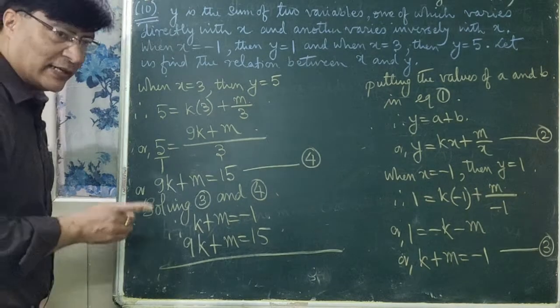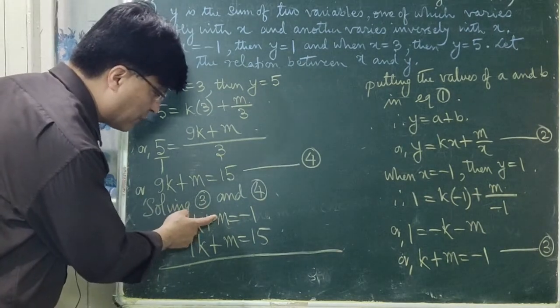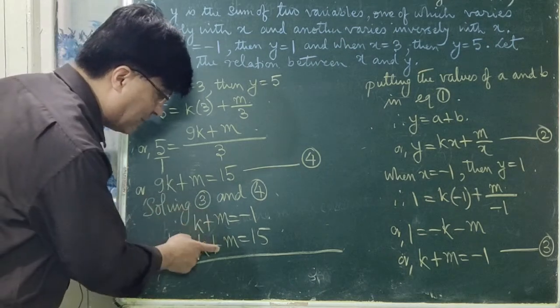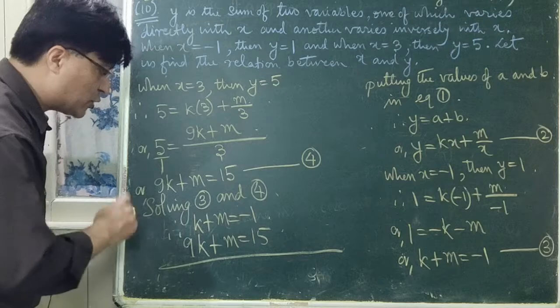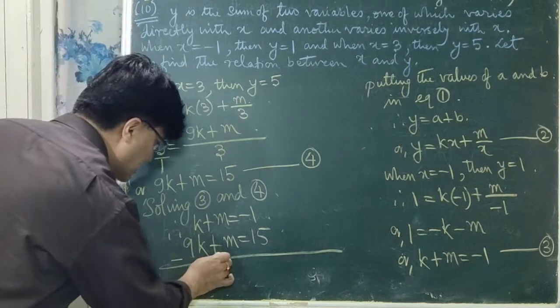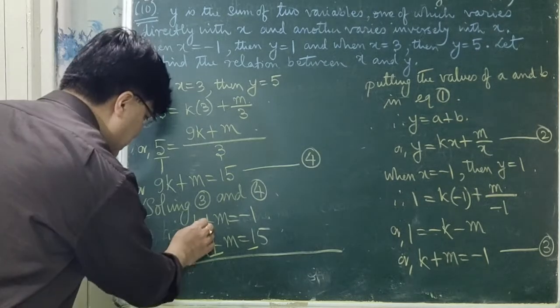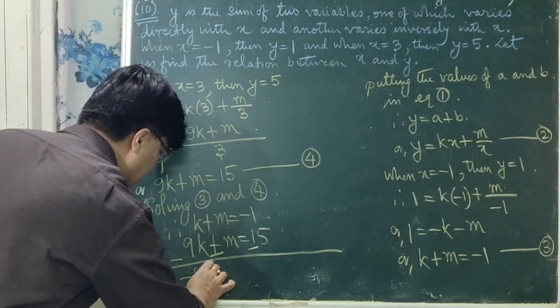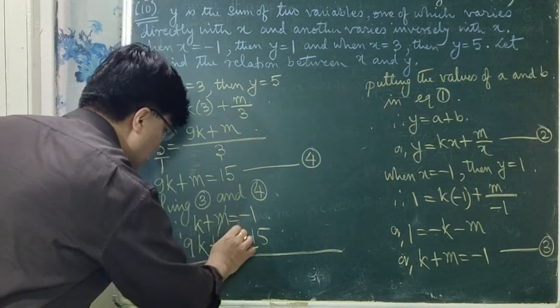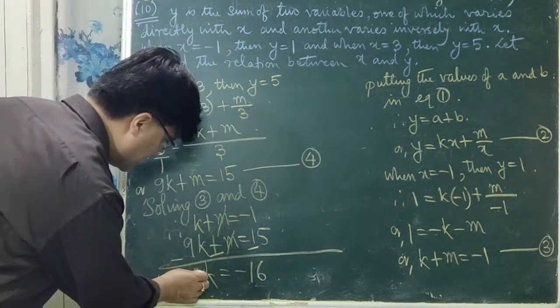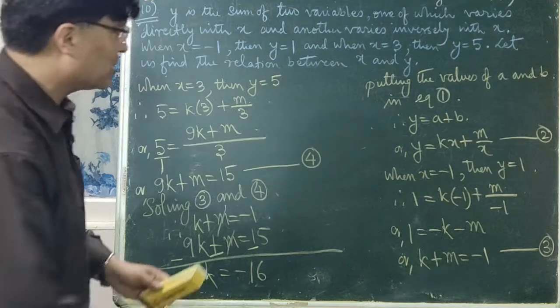You can cancel it because here the coefficients of m are same. So you have to subtract it. So it is minus, this is also minus. So k minus 9k is minus 8k, and m will be cancelled, is equal to minus 16, right? So minus 8k is equal to minus 16.